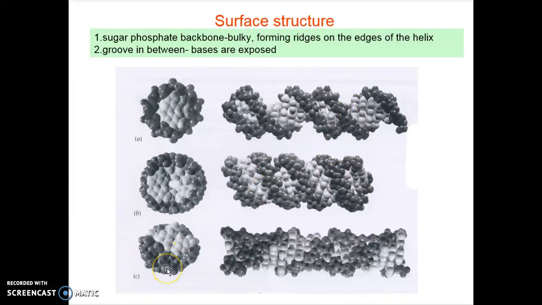C is Z DNA, which has quite a different structure. The helix is left-handed compared to right-handed for the other two, and the sugar phosphate backbone follows a zigzag path.